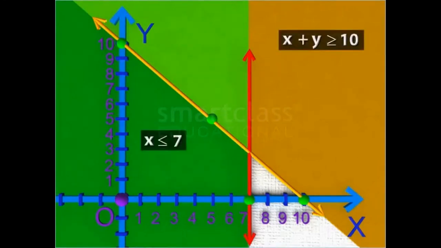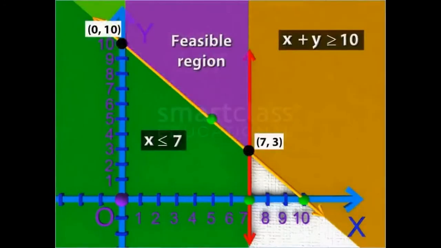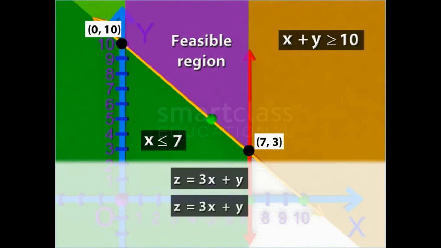Next, shade the feasible region that satisfies all constraints and non-negative constraints. Next, locate the corners of the feasible region and determine their coordinates. Then, compute the value of the objective function at each corner.